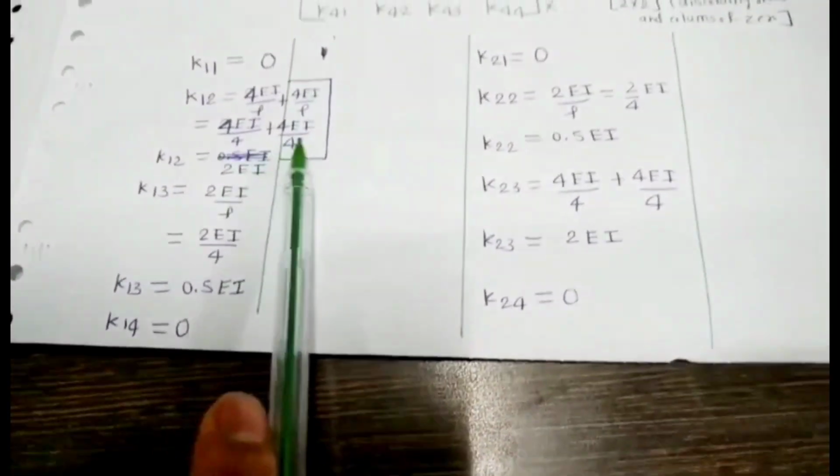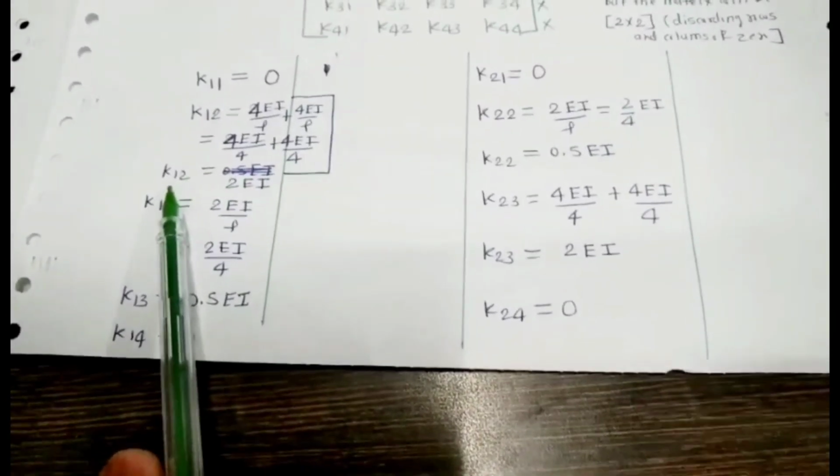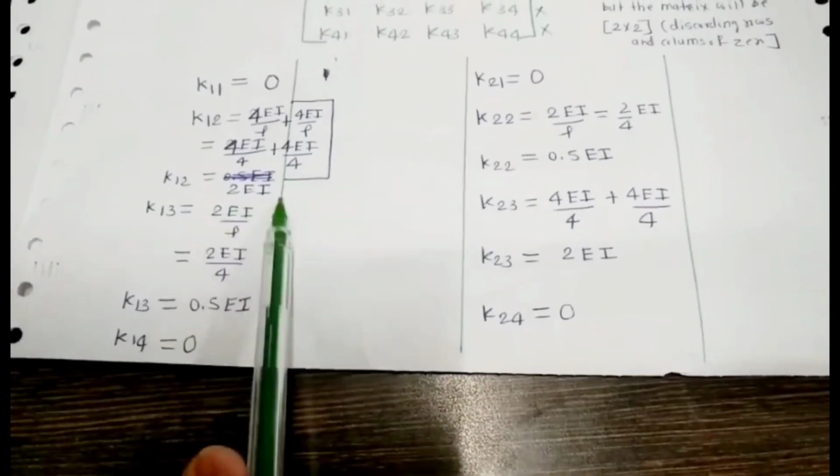So that is 4EI upon 4 and 4EI upon 4. So you will get K12 equal to, after simplifying, 2EI.